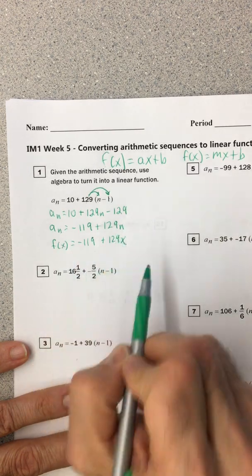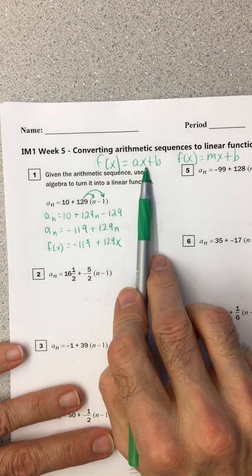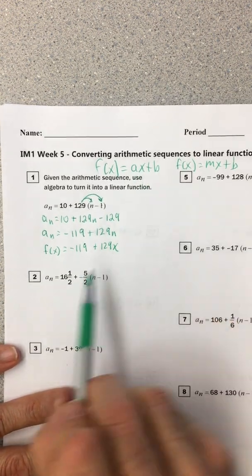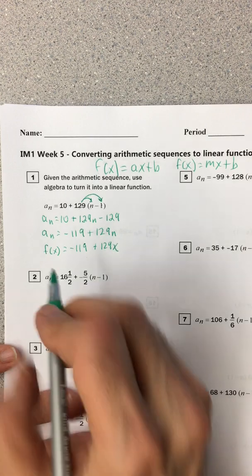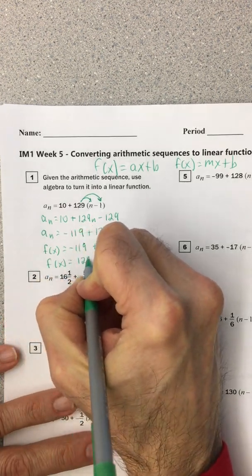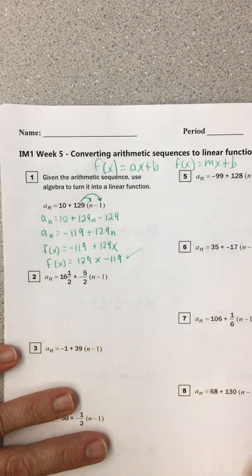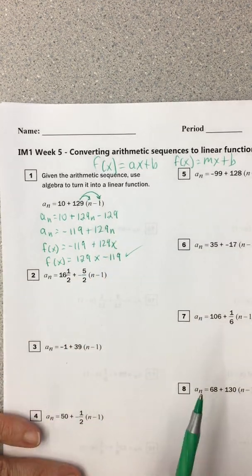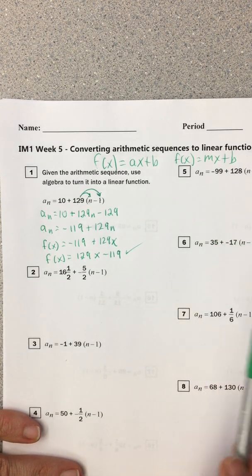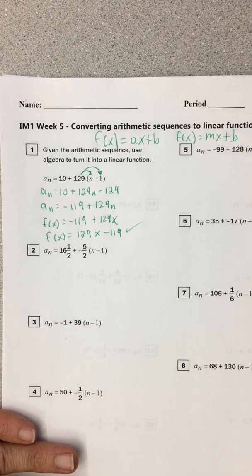I'm now dealing with x's, so I change my n's to x's. Maybe I want it to look just like this, so I'm going to switch the order. I'm going to put this one first. f of x equals 129x minus 119. That's done. So I want you to pause and maybe try this one or this one or this one down here, number 8, before you come back for number 2.